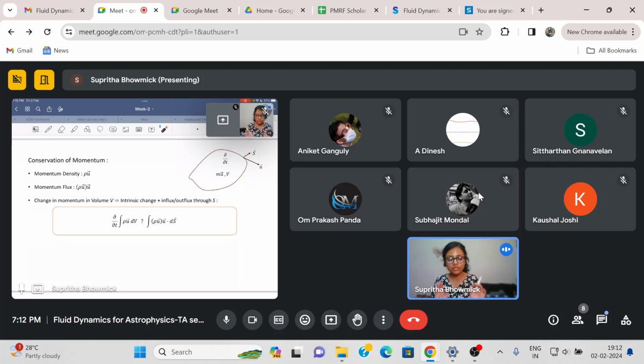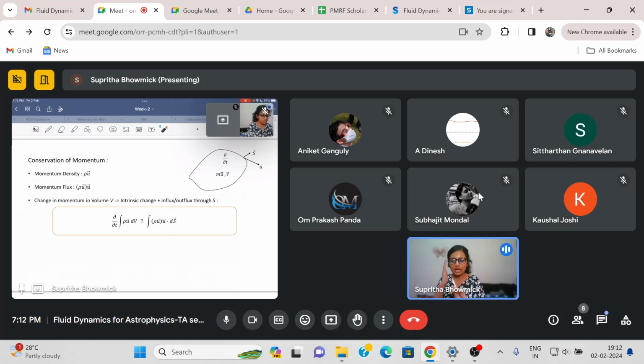But first, let's compute the rate of change of momentum of all of these fluid parcels. That is due to the intrinsic change, that is del t of the momentum, plus the momentum flux through the surface S bounding this volume V, which is given by this quantity.